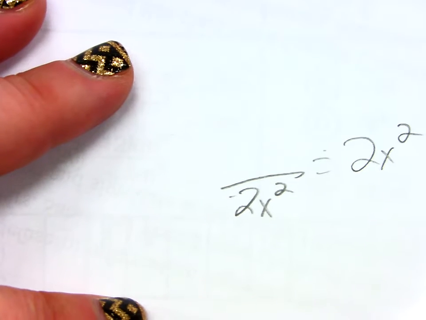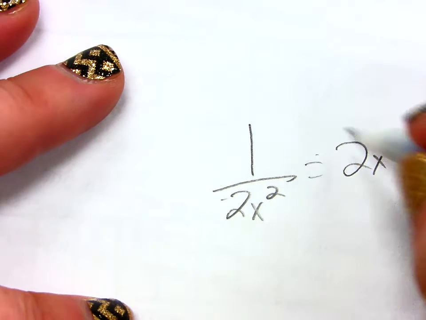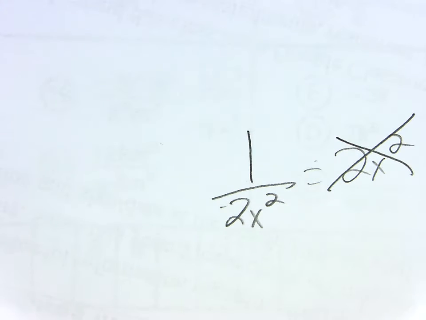No, it doesn't. If it's in the denominator, you have to put a 1 in the numerator as a placeholder. That's not the same thing. If there's a 1 in the denominator, you can ignore it. But it's only in the denominator. Okay.